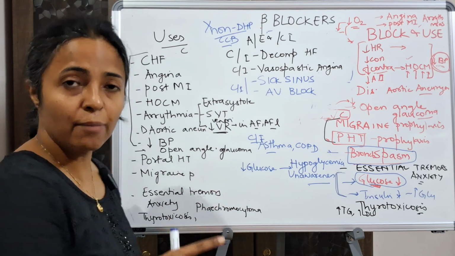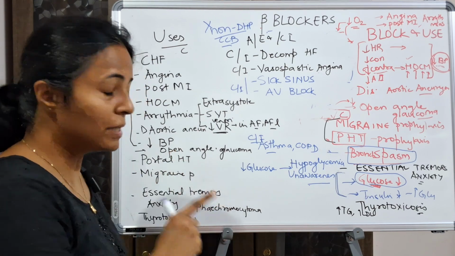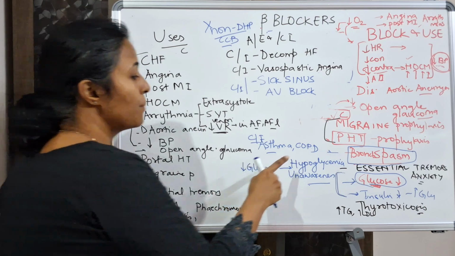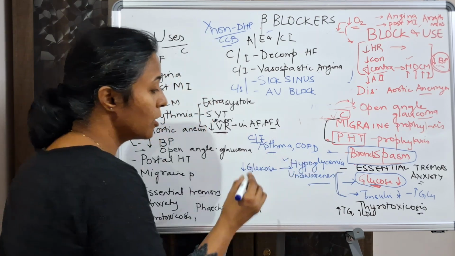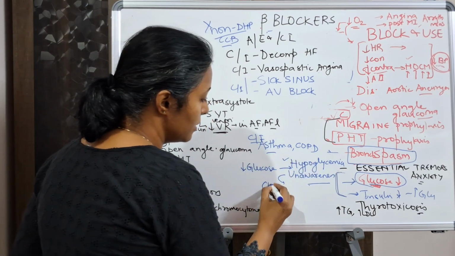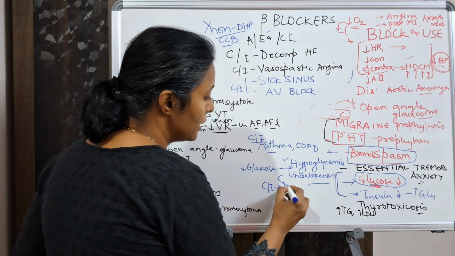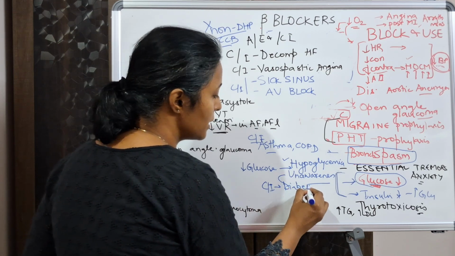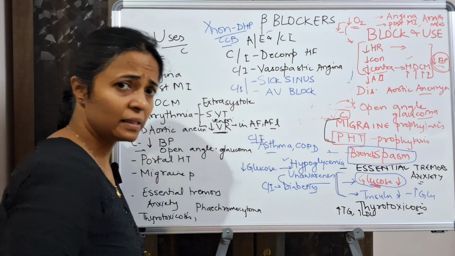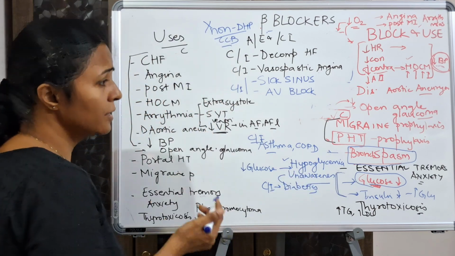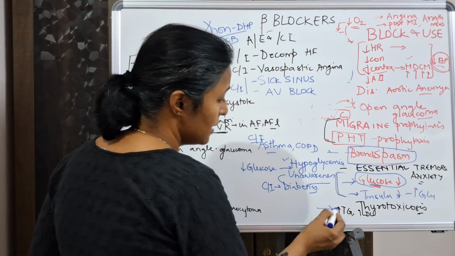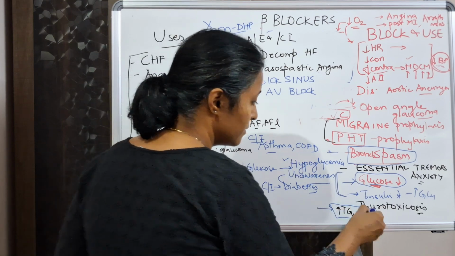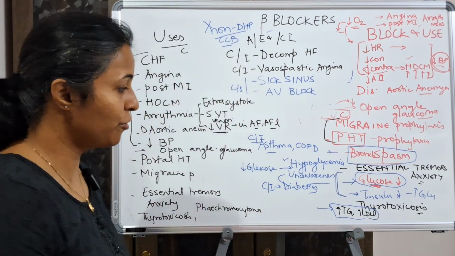Understanding? Here we are blocking the effects of beta effects, right? So we get hypoglycemia unawareness, and because of this, the beta blockers are best avoided in diabetics. Don't use in diabetics, right? That is another thing. Then what are the other effects? Yes, here you see that they are causing the abnormal lipid profile.